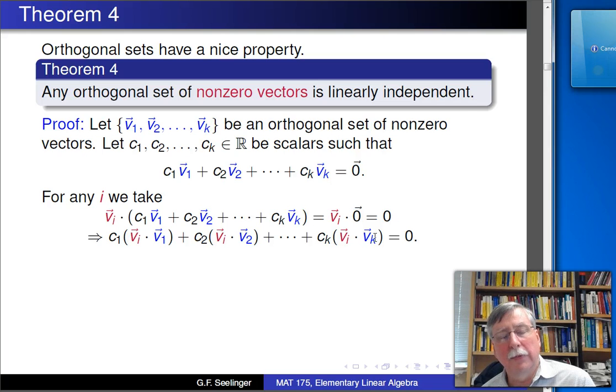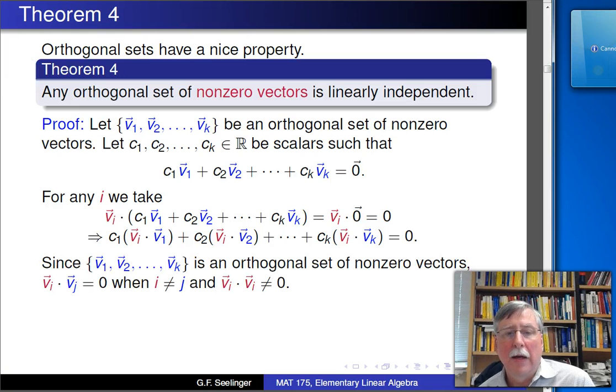But the thing is, we have an orthogonal set. So that means if i is 3, V3 dot V1 has to be 0 because it's orthogonal. Every time I've got something different than i, this dot product becomes 0. And Vi dot Vi can't be 0 because it's a non-zero vector.